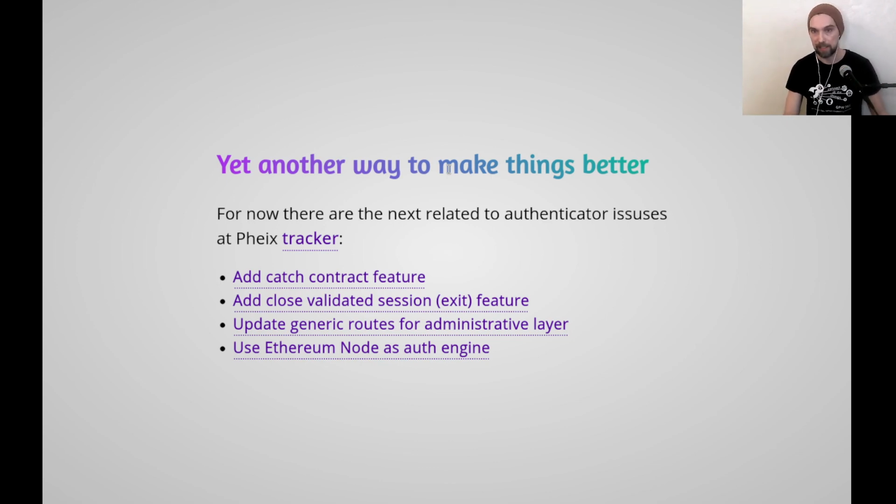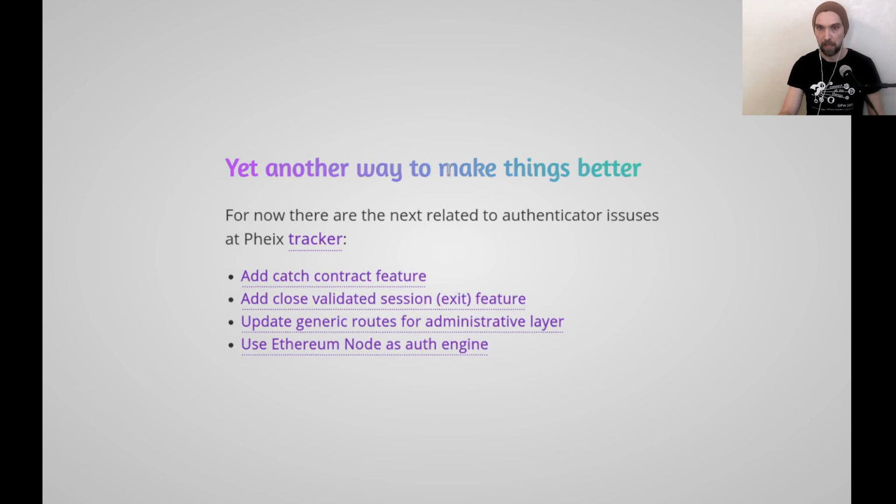As we discussed in the section, we have a few routes, just auth and SES routes, but we should add some new ones like validate, prolong, and close. If this update impacts the authenticator model structure, it should be refactored and methods in subclasses updated, and the algorithm should be slightly changed. After this, we can say that we have an auth engine on the Ethereum node.